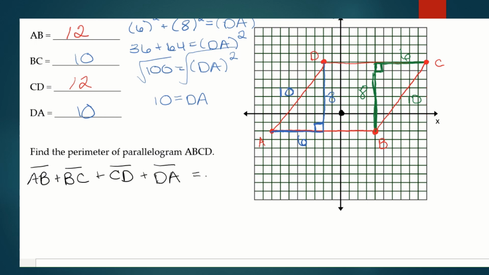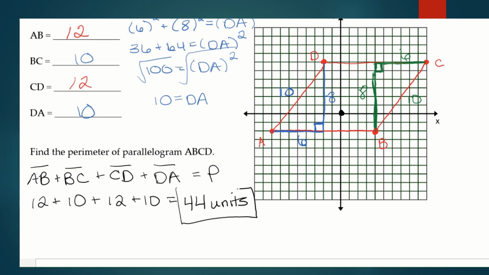We're going to add them all together, and that's going to give us our perimeter. So 12 plus 10 plus 12 plus 10 gives us, let's see, 12 and 10 is 22, plus 22 is 44 units for the perimeter.